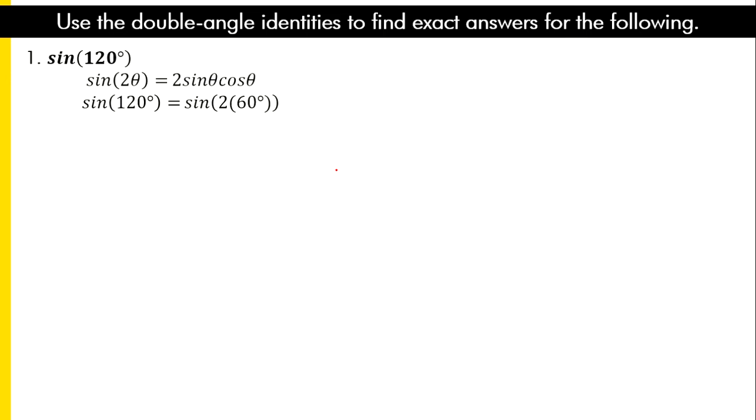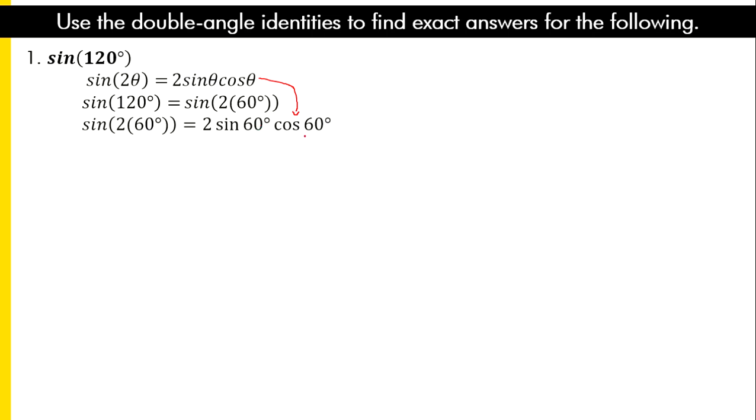With that, let's substitute. Sine of 2 times 60 degrees is equal to 2 times sine 60 degrees times cosine 60 degrees.